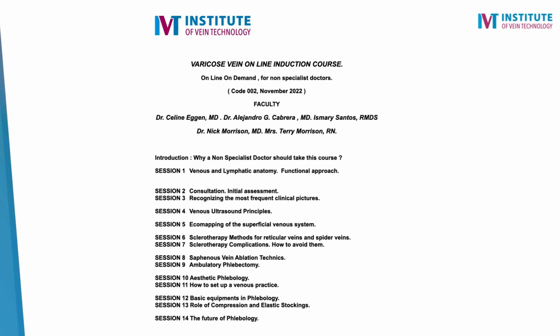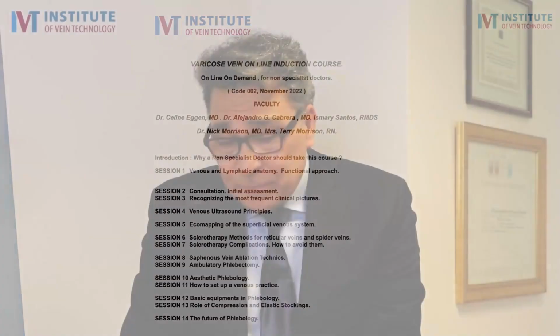I mean the ultrasound examination principles and the ultrasound mapping. You're going to have an idea about sclerotherapy and the most modern techniques like saphenous vein ablation and ambulatory phlebectomy, and some topics about aesthetic medicine or aesthetic phlebology, and how you can organize your own practice or improve your own practice.